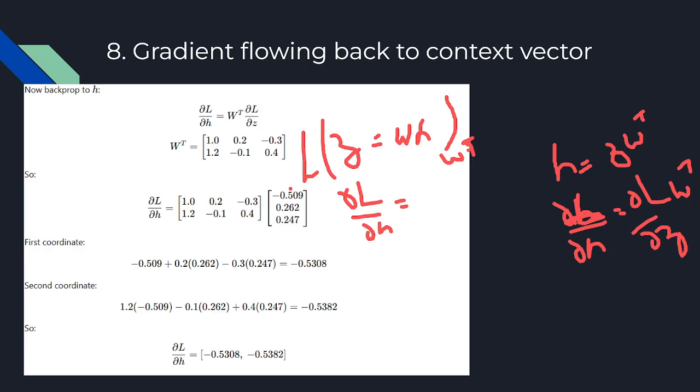This is the dou L by dou Z that we found out, and this is the weight transpose vector, the weights that we had taken, 1.2 and minus 0.3, 1.2 minus 1 and 0.4. We take the weights and the dou L by dou Z values that we have over here, multiply these, and find the first coordinate is minus 0.538. The second coordinate is minus 0.532. These are the two coordinates that we have.